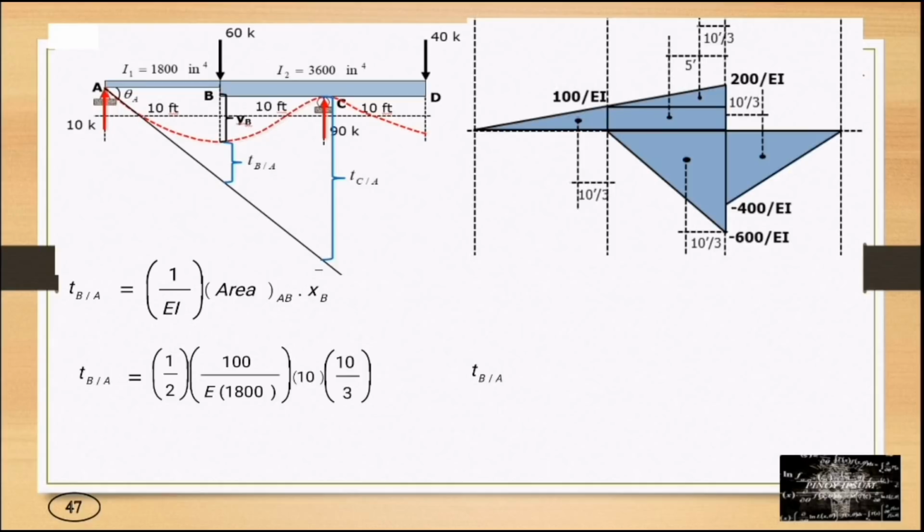So our TBA is equal to 25 over 27EI. Okay?